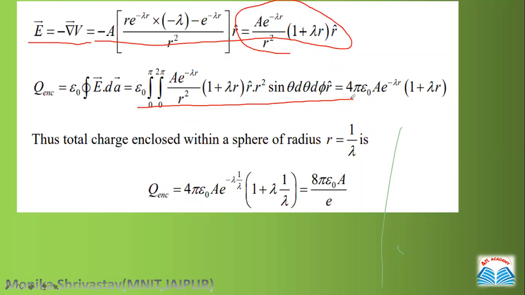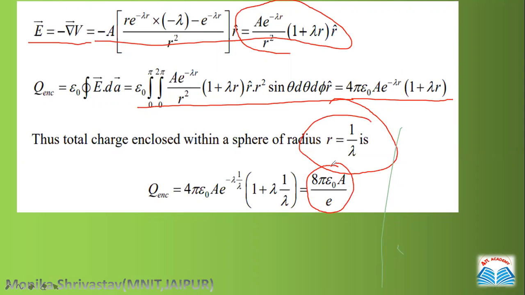When you solve this, you will get 4 pi epsilon naught A exponential minus lambda r times 1 plus lambda r. Here r equals 1 by lambda, so just put the value of r. You can replace this r by 1 by lambda and this r also. So we are getting the solution 8 pi epsilon naught A by E.